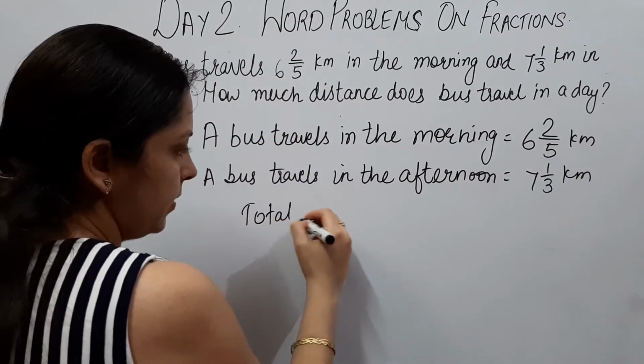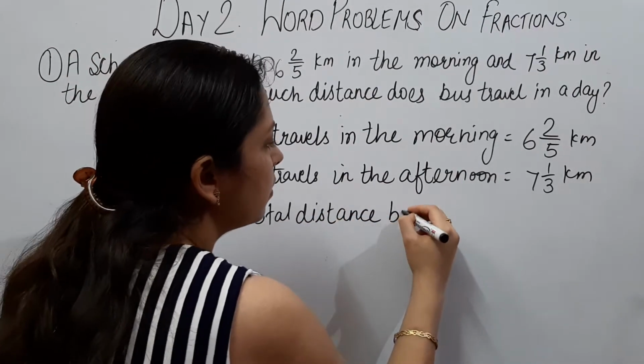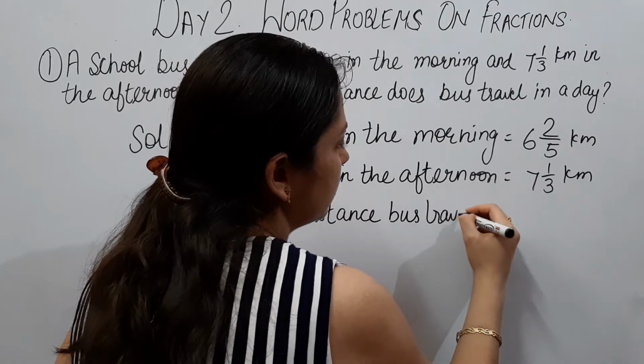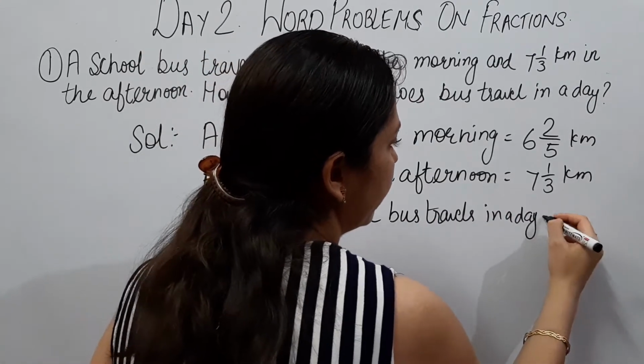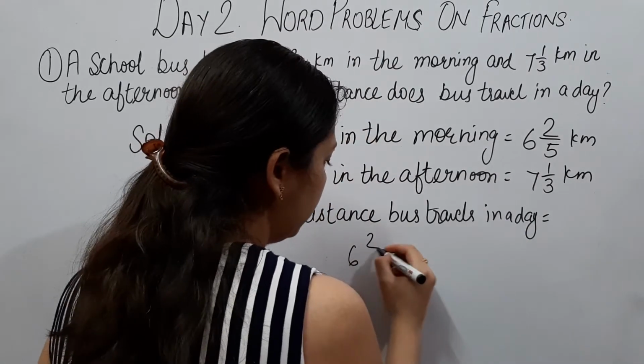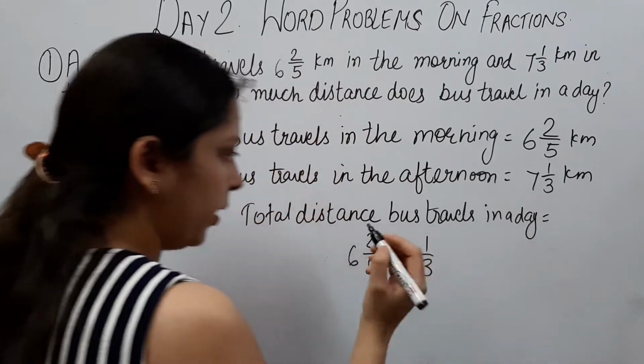Total distance the bus travels in a day. We will add it: 6 whole 2 by 5 plus 7 whole 1 by 3.